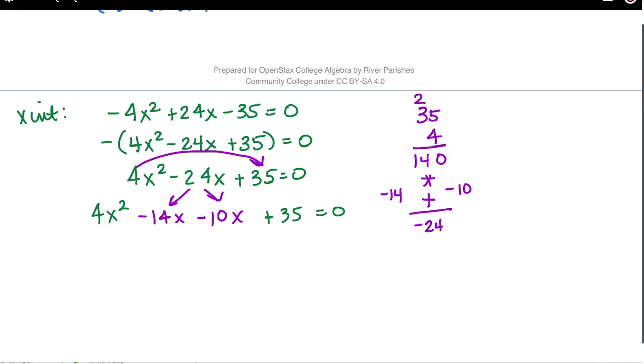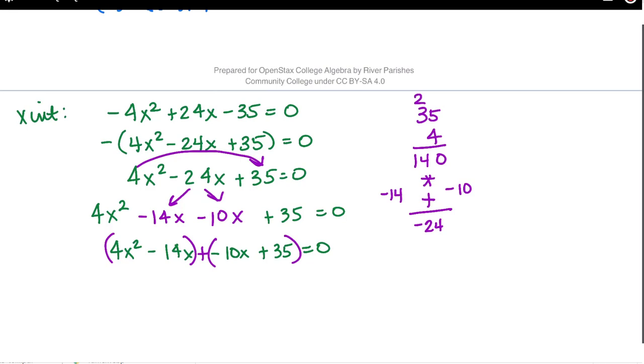Okay, so now I have 4x squared minus 14x minus 10x plus 35 equals 0. And I'm going to factor by grouping. That is where you group together terms that you know you can factor. So 4x squared minus 14x grouped, and negative 10x plus 35 grouped. We're adding those two groups together.